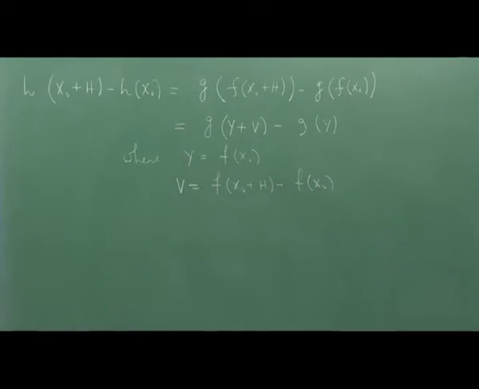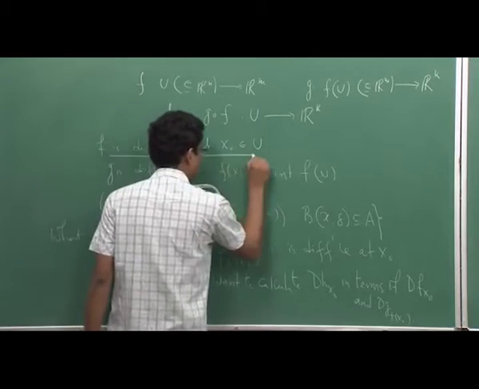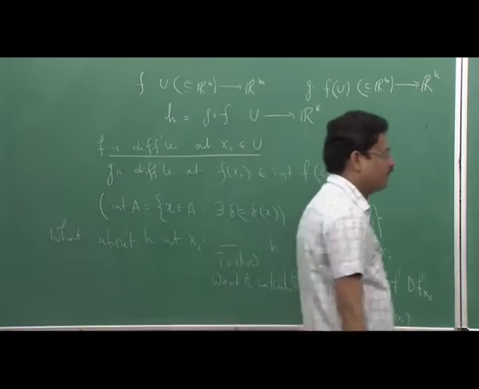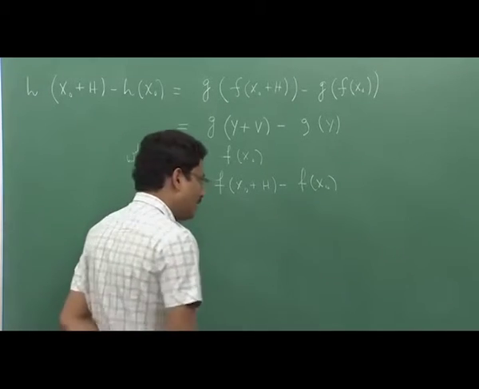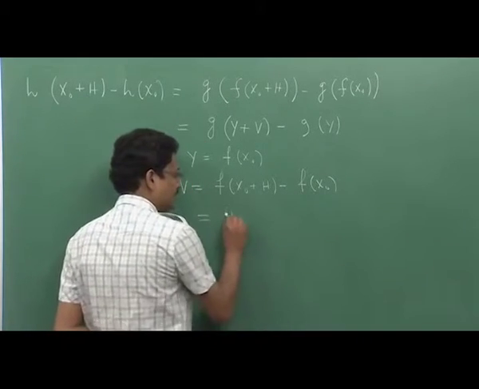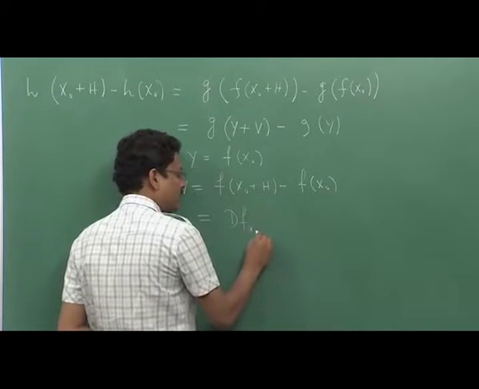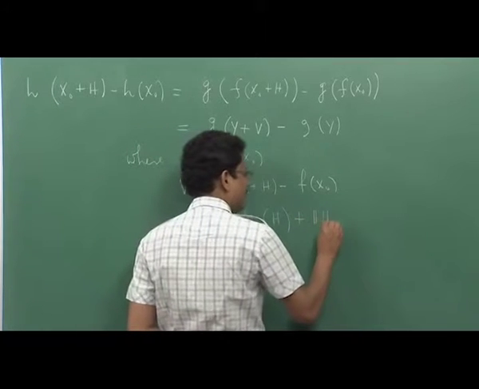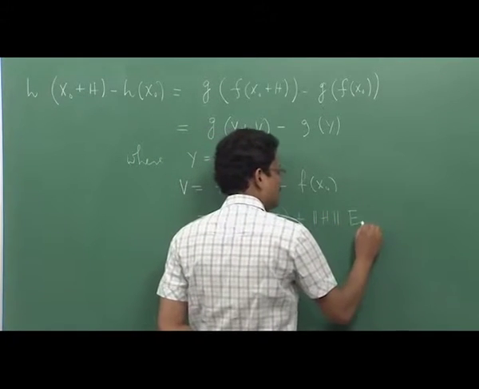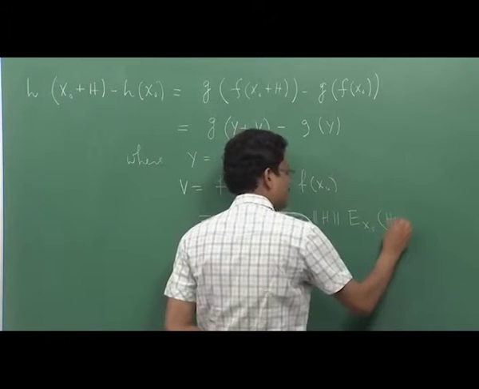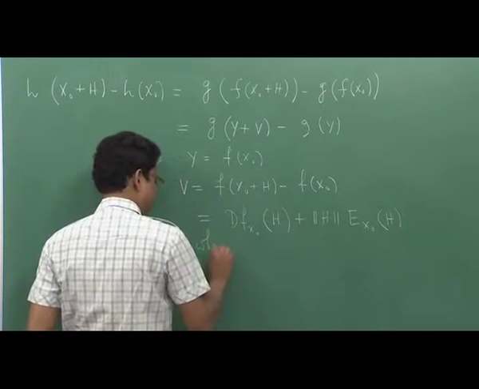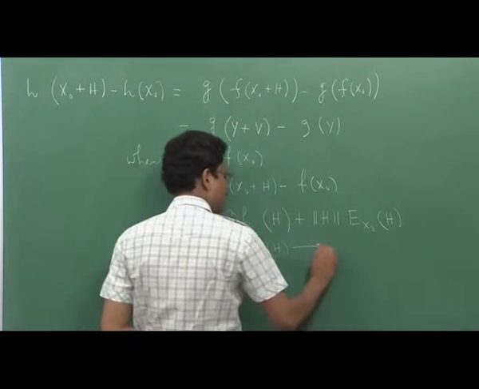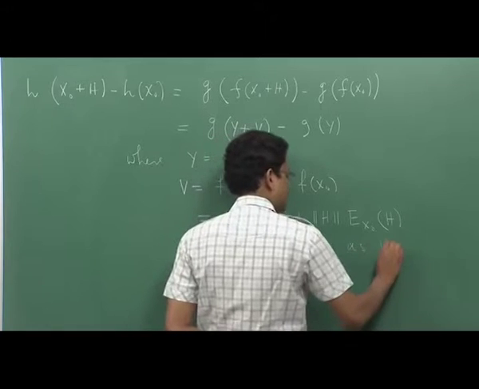Now, I have assumed f is differentiable at x naught. So, what about v? I can write v as df at x naught acting on h, plus norm h times e of x naught, h, where e of x naught, h goes to 0 as h goes to 0.